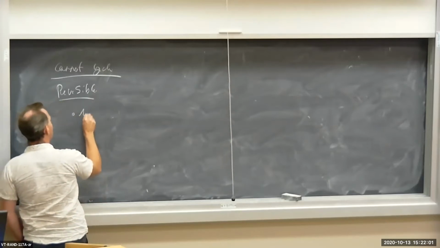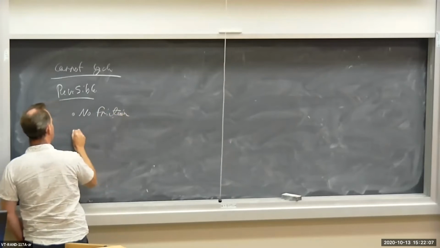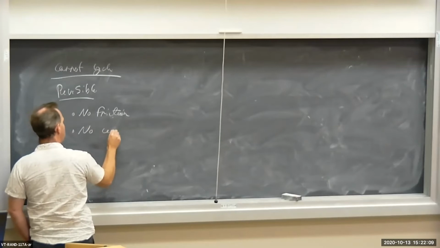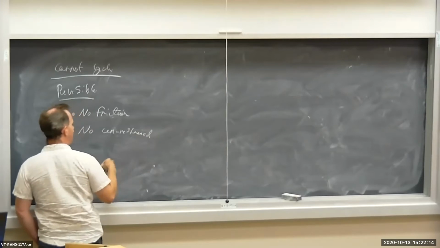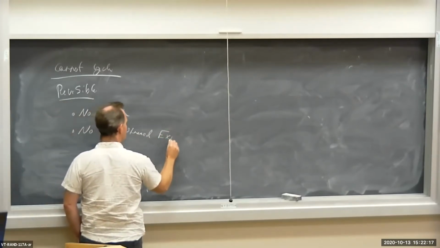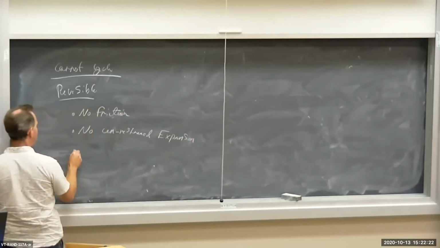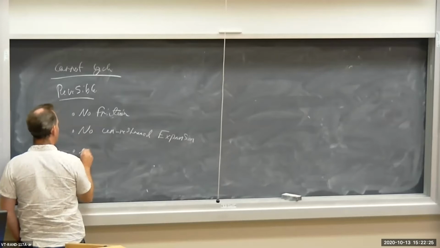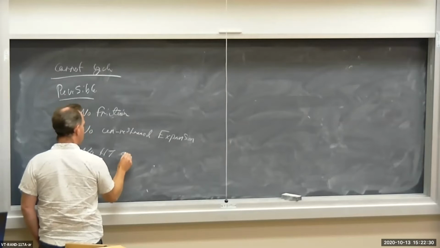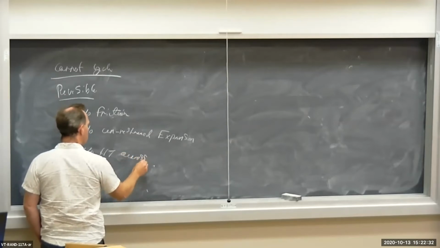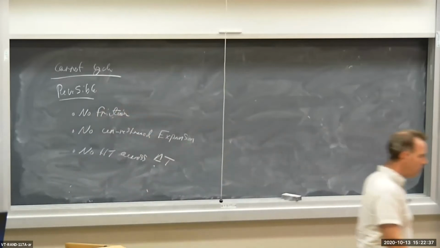That means no friction, no unrestrained expansion, and no heat transfer across a finite delta T. So let's talk about these for a moment.